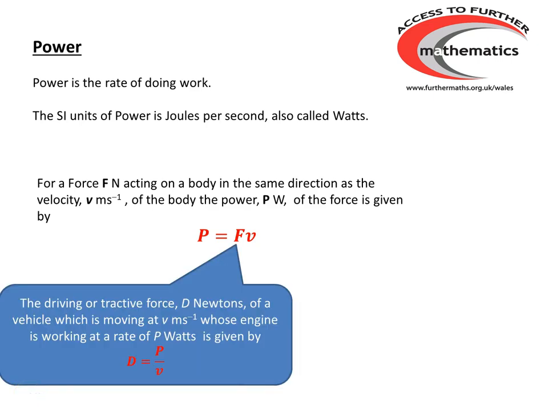A particularly important application of this result is that if we have a vehicle whose engine is working at a rate of P watts, then the driving force or the tractive force, D newtons, is given by D equals P over v. That's simply a rearrangement of the result P equals Dv.